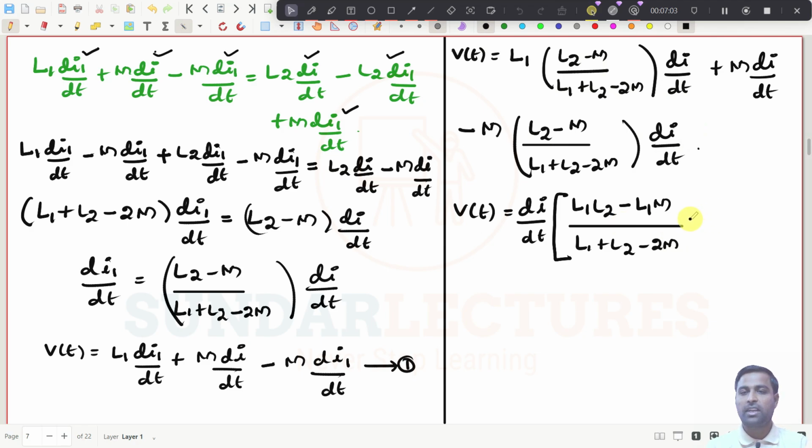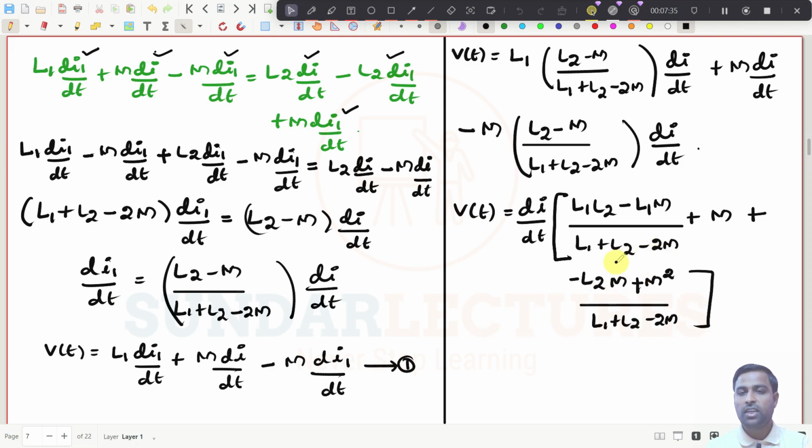I have taken di by dt outside, and then plus M will be there because I have taken di by dt outside, then plus, and I have to multiply this one, right? L2 M minus this term, this is minus, right? So it will be minus plus, I have put plus, so this is minus L2 M, and then plus M square will be there, and then divided by L1 plus L2 minus 2M, right?